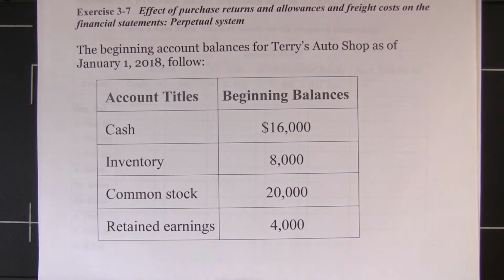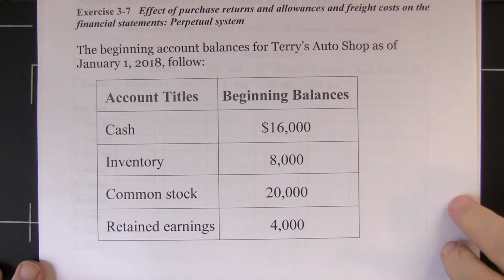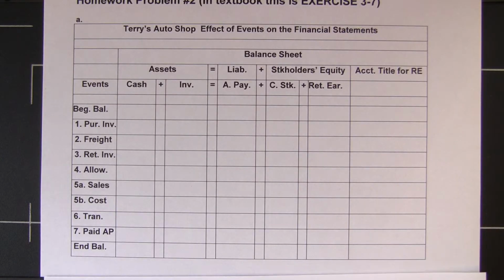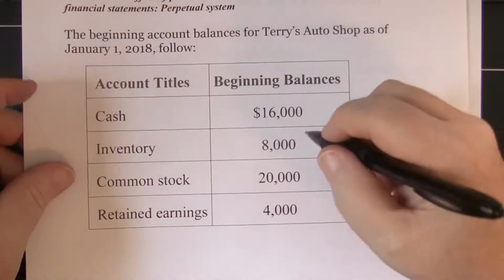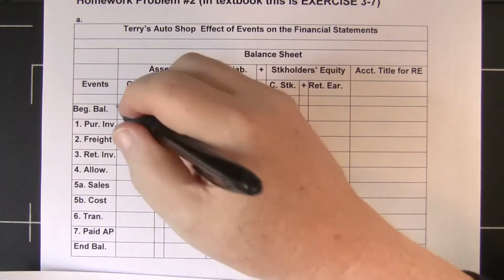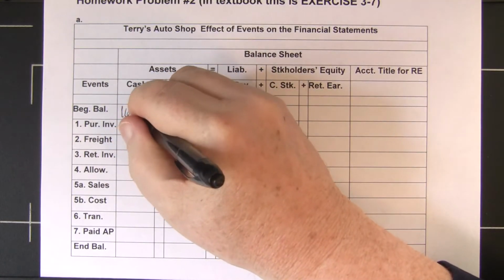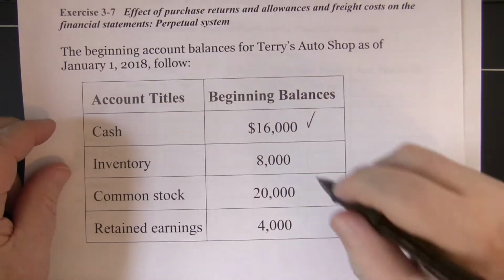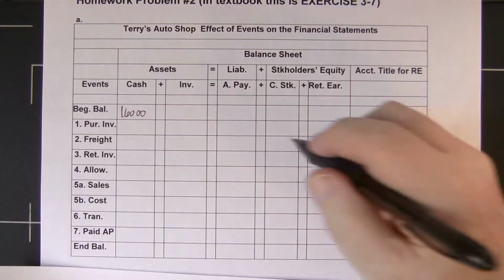Now, they give us some opening balances because they want us to fill out one of those charts that you all love. So let's fill out the beginning balances and go through and do what they want us to do. The beginning balance in cash, $16,000. The beginning balance in inventory, $8,000.